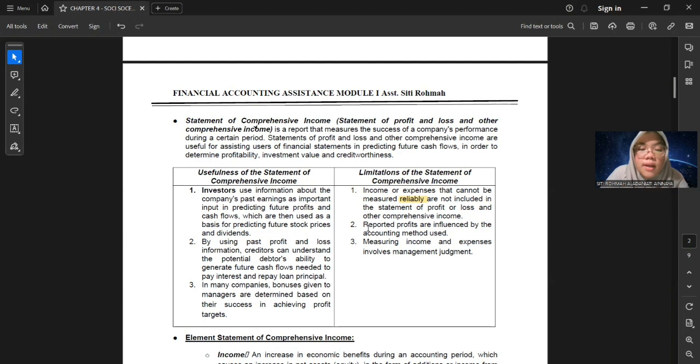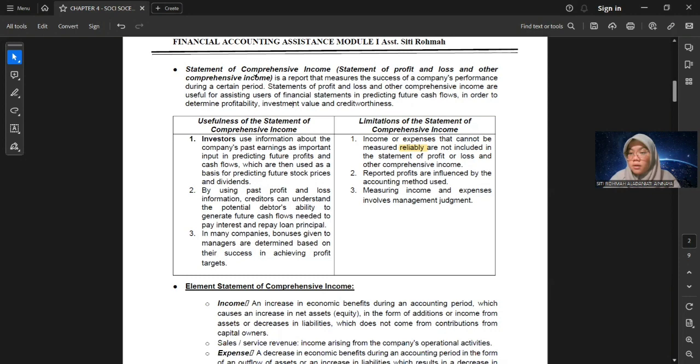And then the second one is that reported profit is influenced by the accounting method used. And then the last one is that measuring income and expenses involves management judgment.